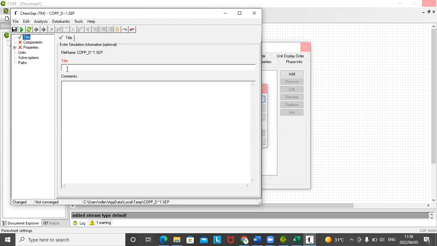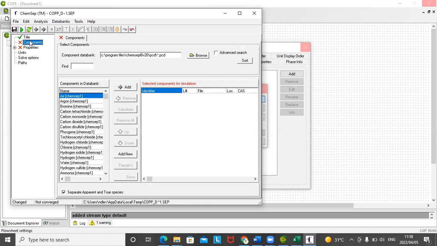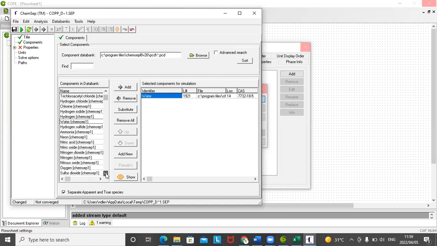So we can give it a title, and we can call it our HX design. Then components: we will need just water and ethanol. There's our water. Let's add it. And we need ethanol as well. There's our ethanol.